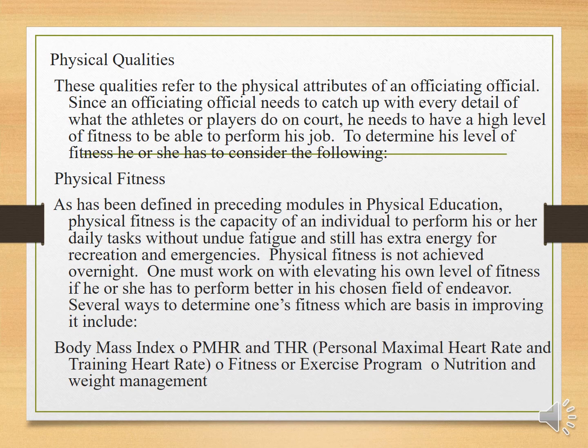Since an officiating official needs to catch up with every detail of what the athletes or players do on court, he needs to have a high level of fitness to be able to perform his job. To determine his level of fitness, he or she has to consider the following.